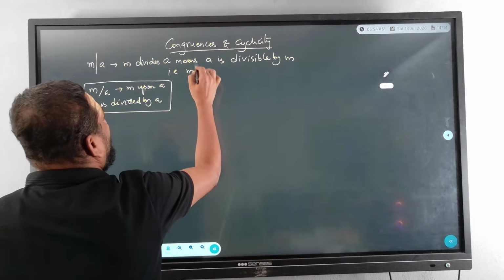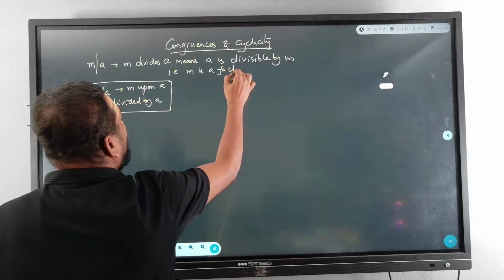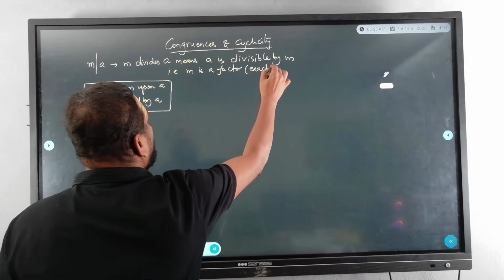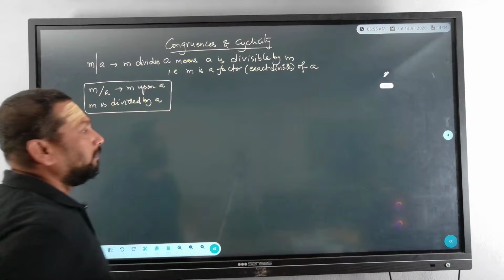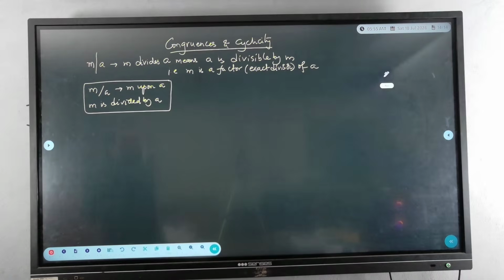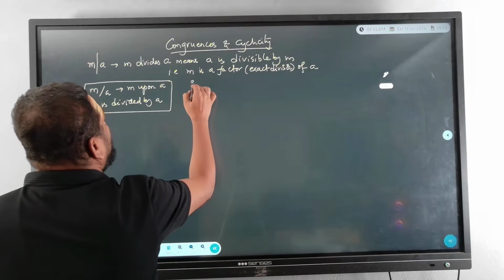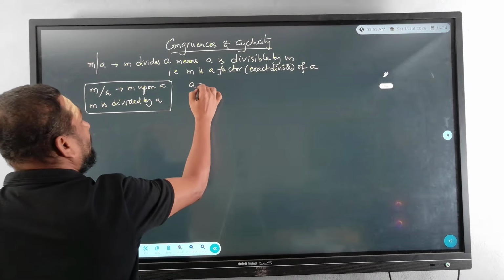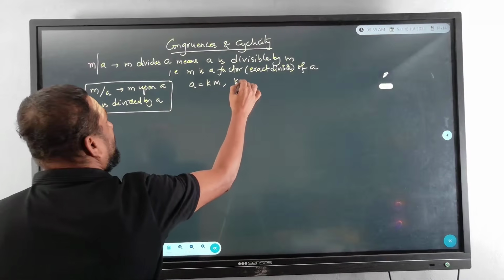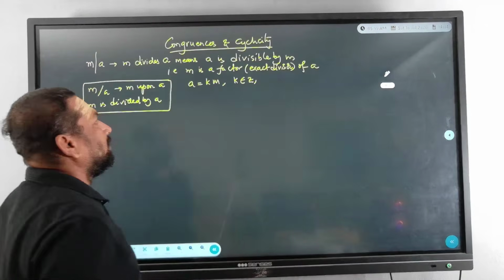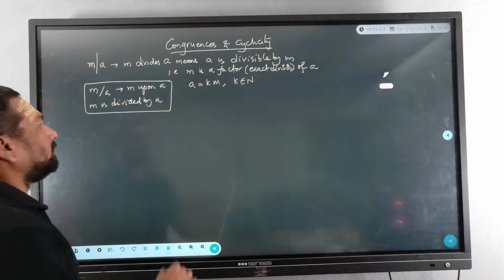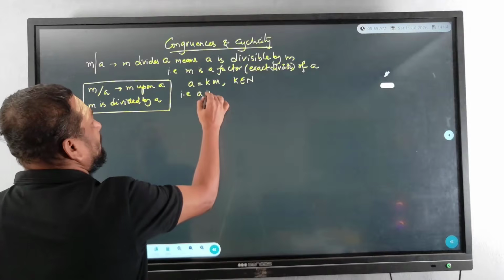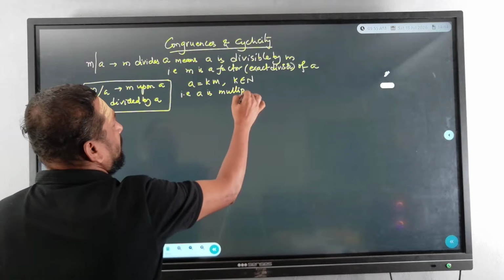In other words, m is a factor of a, an exact divisor of a. m divides a, so a is equal to k times m, where k belongs to Z, or k belongs to N. That is, a is a multiple of m.